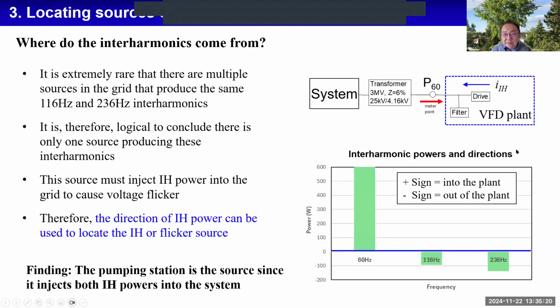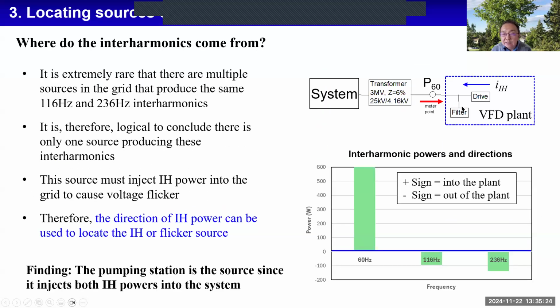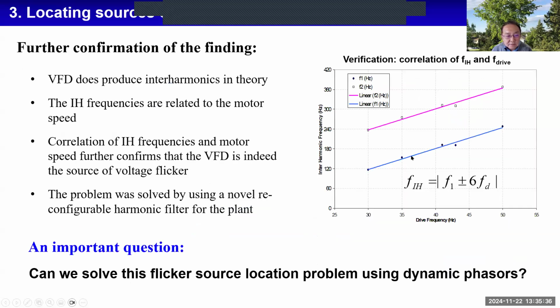Mitigating this resonance is actually very difficult. The reason is that the interharmonic frequency changes with the drive speed. Harmonic frequency is fixed, only the level changes, but the interharmonic frequency changes, so you always hit a resonance. Then the idea we developed is a novel reconfigurable harmonic filter for the plant.